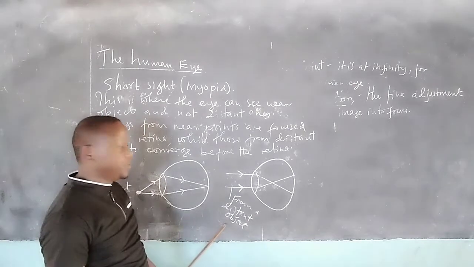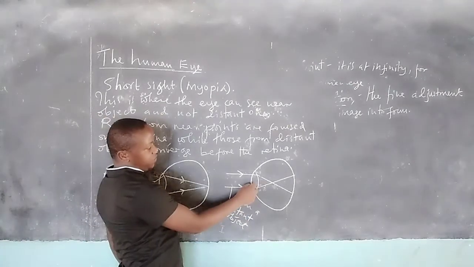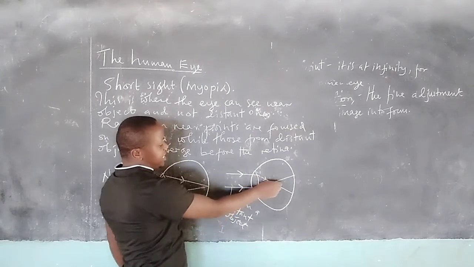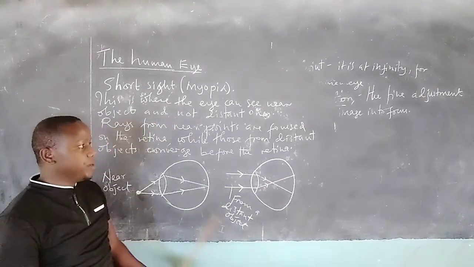Rays from a distant object, after reaching this lens of the eye, converge before reaching the retina, and the image formed will be blurred.